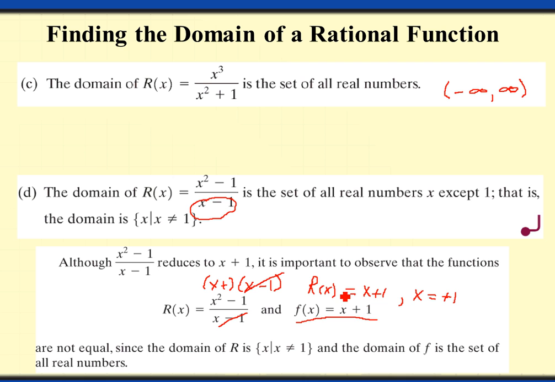Remember, because we knew in advance by looking at the function itself, since the denominator is x minus 1, we couldn't let x be 1 to begin with. As long as we don't let x be 1, then in reduced form it gives the same value as x plus 1 would give us. So those two are equivalent, basically.